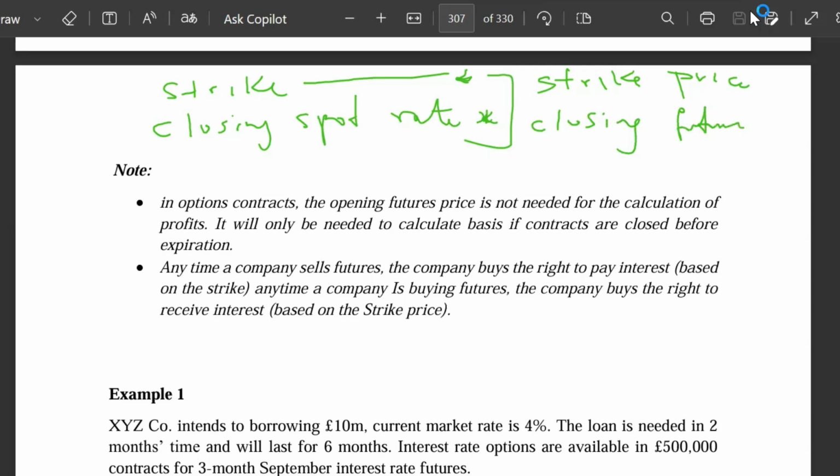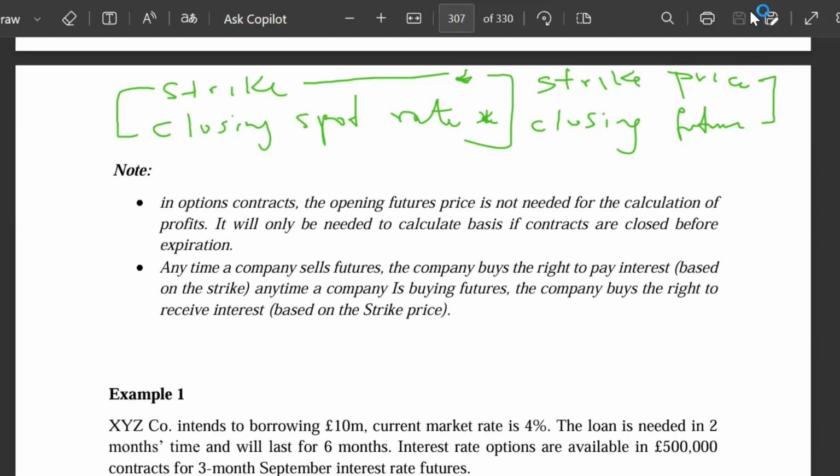For the currency option, you have the strike price and the closing spot rate. For the interest rate option, the strike price and the closing futures price. Anytime a company sells futures, the company buys the right to pay interest based on the strike price. Anytime a company is buying futures, the company buys the right to receive interest based on the strike price.